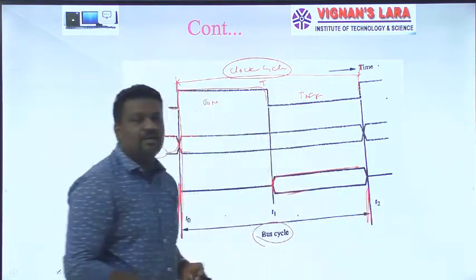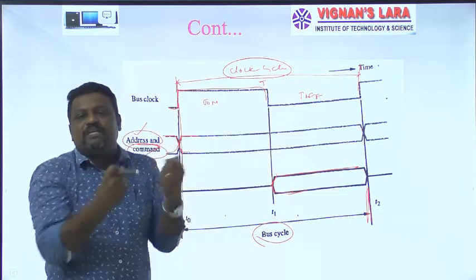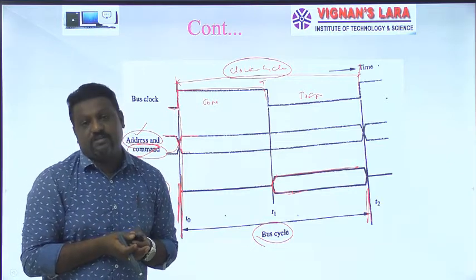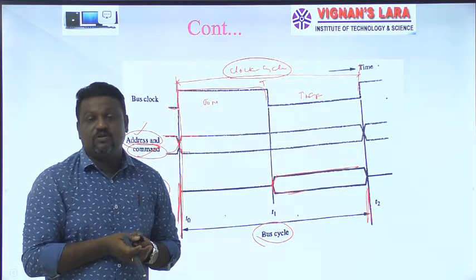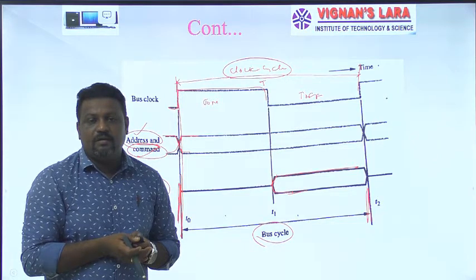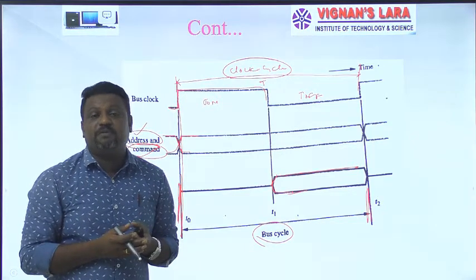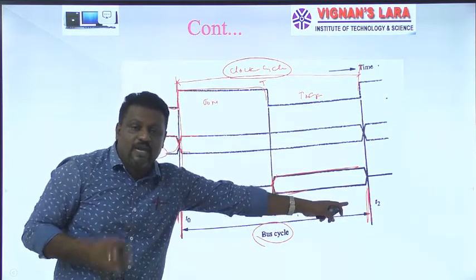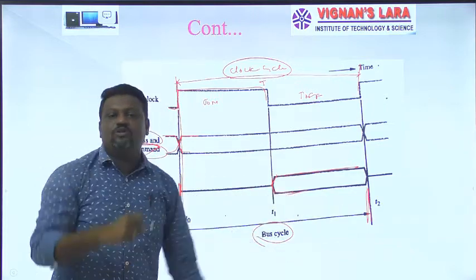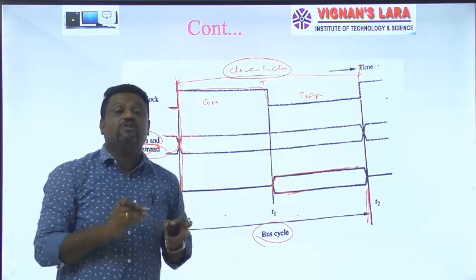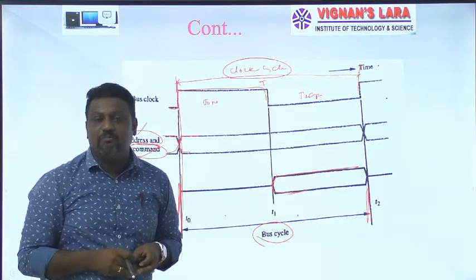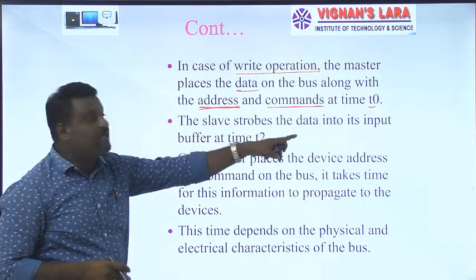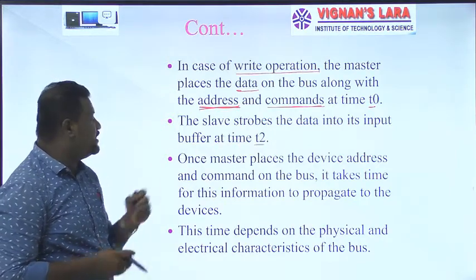At time instant T2, your slave device grabs the information that already exists over the data bus into its input buffer register. The slave which is connected to your bus has an input buffer register. At time instant T2, it takes the data that is present on the data bus into its input buffer register. That's what I am saying here. The slave stores data into its input buffer register at T2.